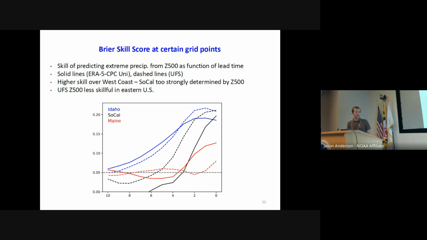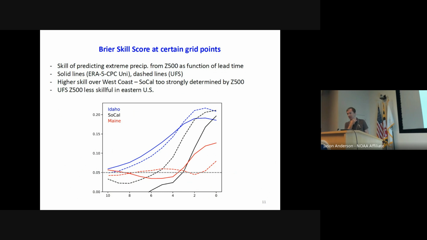And then if we look at Southern California, the model is quite different. Sorry, the dashed lines are the UFS, and the solid lines are with ERA5, observed precip. So in Southern California, you see that it's much more of an association with this big trough than you might expect.